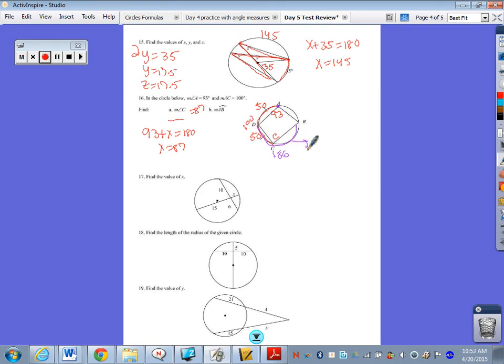And then to get this arc, I would do 186 minus 50, which gives me 136. And then to get this arc, I can subtract all the other arcs from 360. So I'm going to do 360 minus 50 minus 50 minus 136. And that gives me 124.